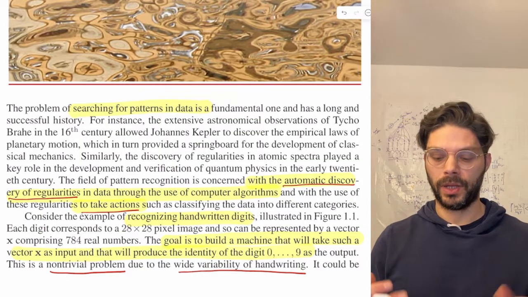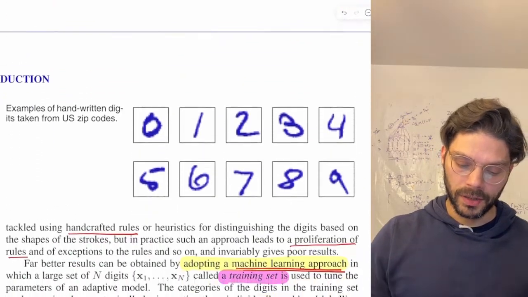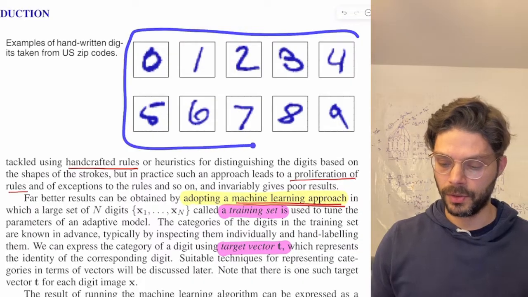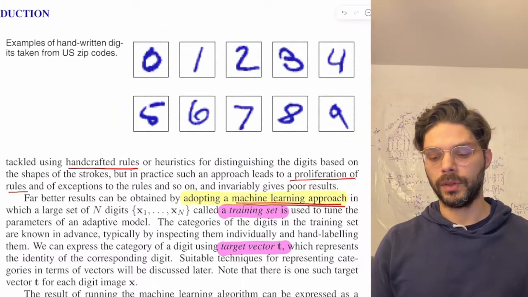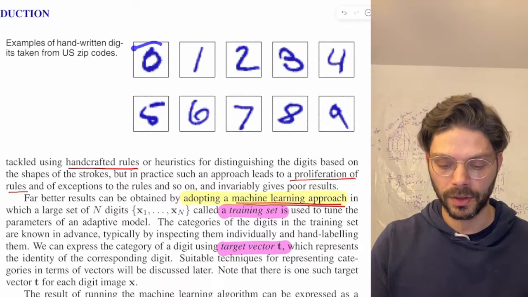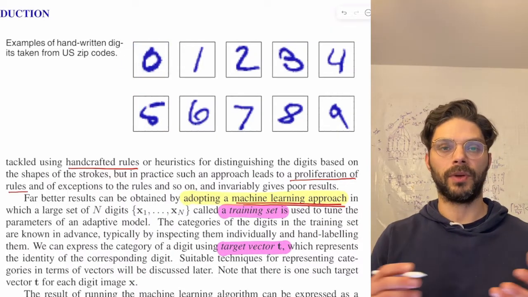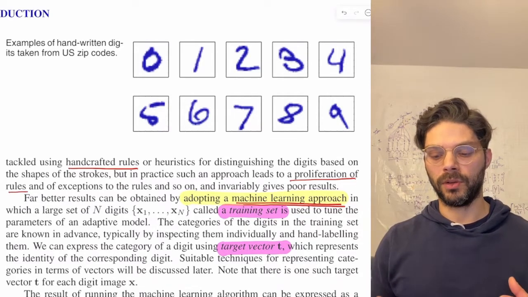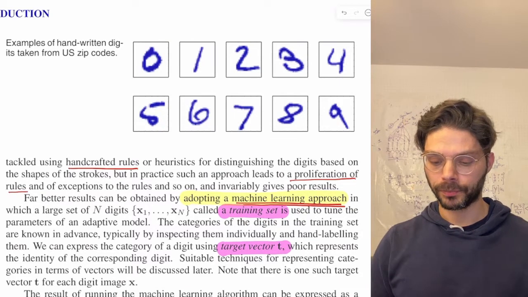So how do we deal with that variability? Before we get onto that, here is an example of what some of those digits look like. And okay, if everyone wrote their zeros in exactly this way, it would be no problem. You could just match for this exact pattern. But of course, people write their zeros all differently, their ones differently. So that's why it's important to be able to handle that variability.